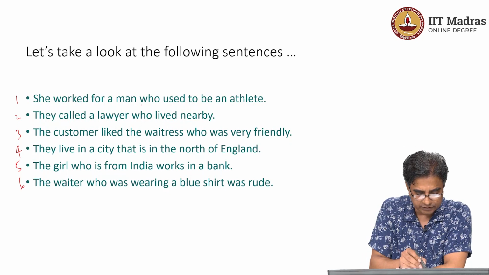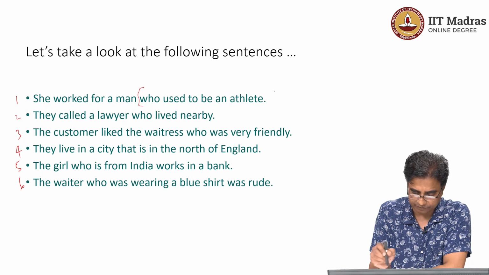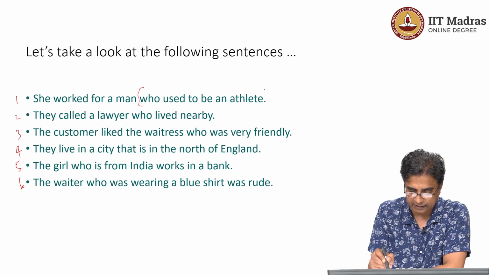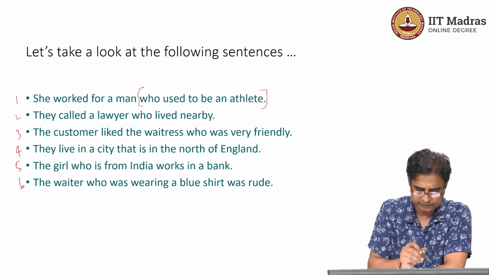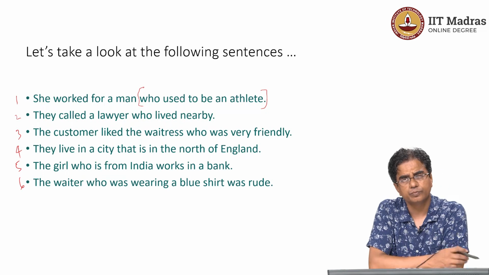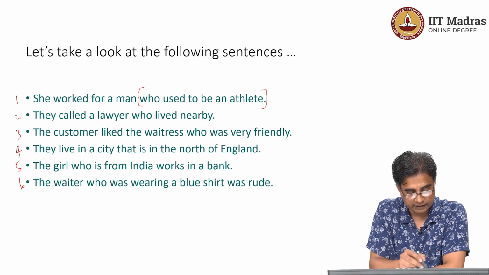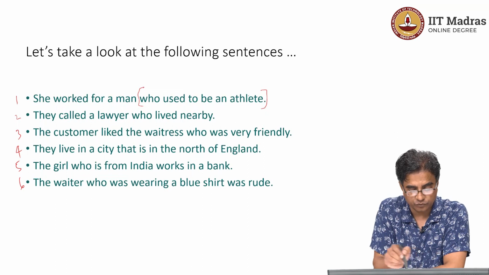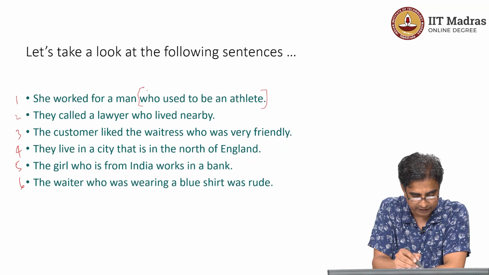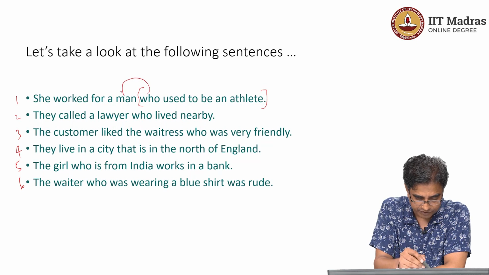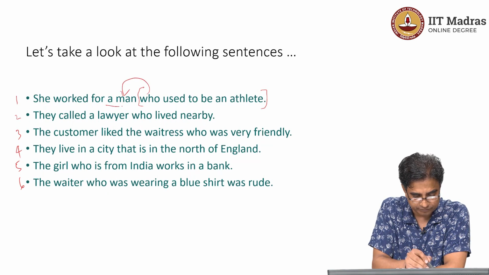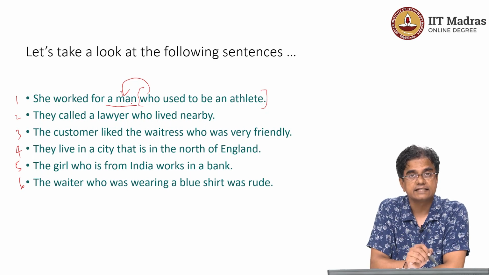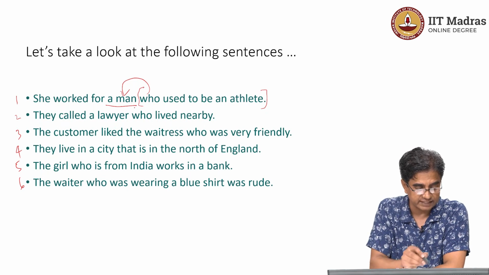Now, this part is a relative clause. Who used to be an athlete? She worked for a man who used to be an athlete. So you will realize that this whole clause is giving us information about this noun. And in this case, this noun is not the subject of this sentence.